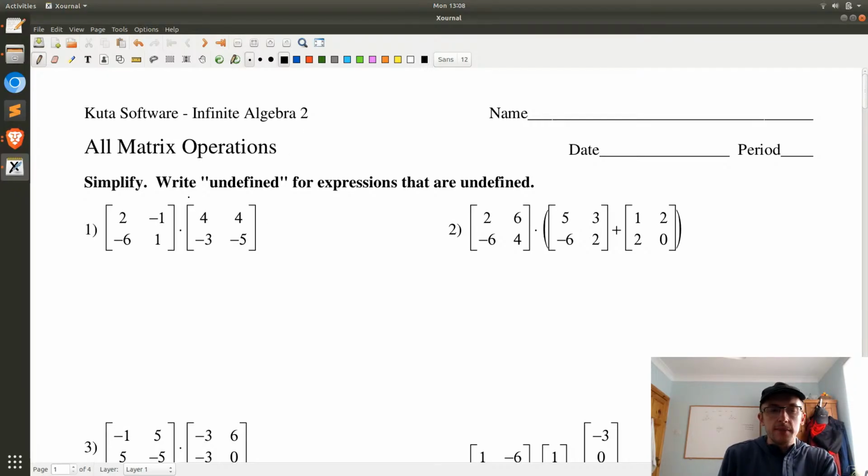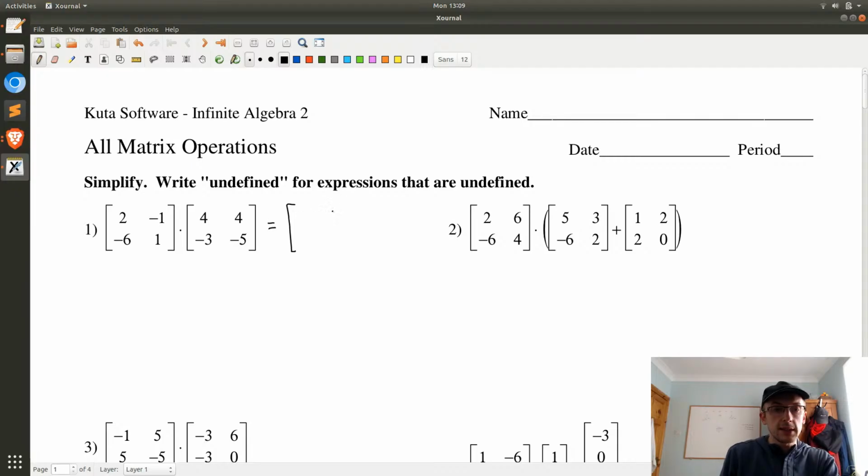Simplify these and write undefined for expressions that are undefined. Okay. First, we have a 2 by 2 matrix multiplied by another 2 by 2 matrix, which is totally fair and totally defined. We already know how to do that now. So 2, -1, dot 4, -3.